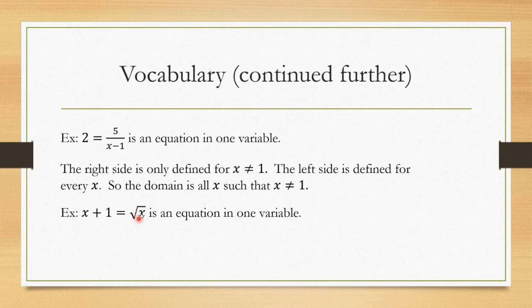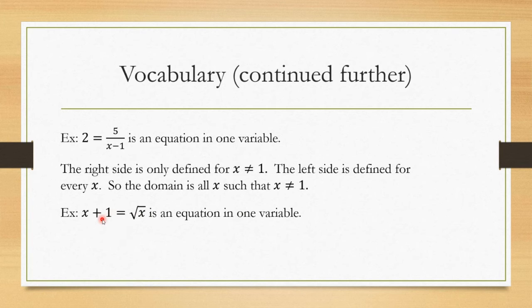In other words, you can only take the square root of a non-negative number. So x here is only going to exist for x that's either 0 or positive. In other words, the right-hand side is only defined for non-negative x.